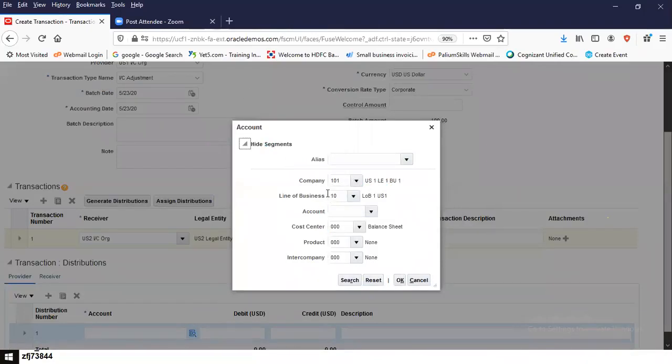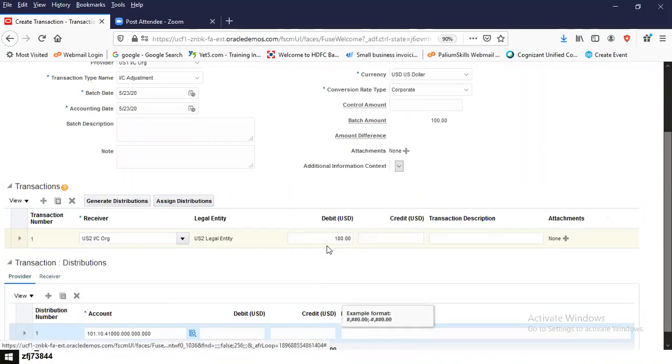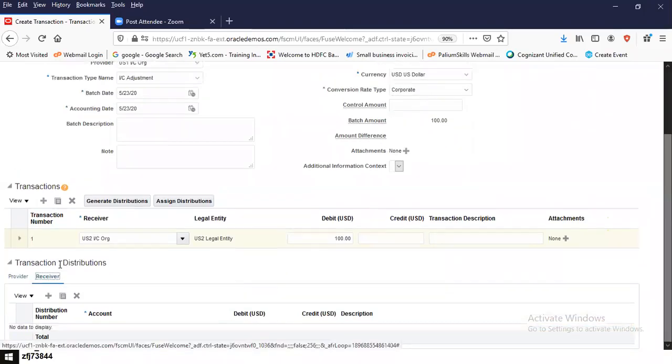So 101 will remain, and we can put it as 41000. Okay. And this US2 was debit, so this will be credit. The receiver distribution is 10.